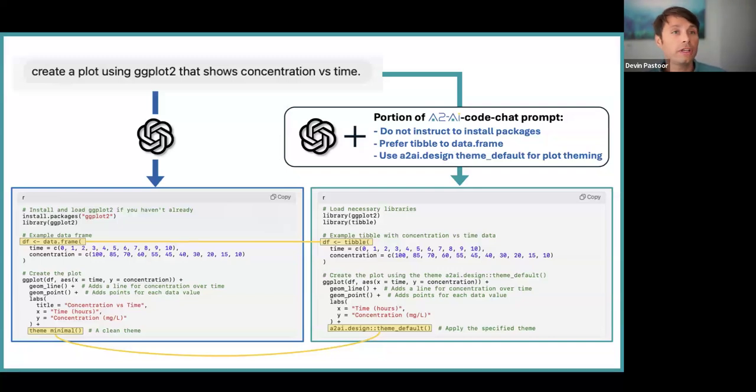And in fact, we do see almost identical responses between the two, but we can see our guidance at play: to not install packages, to prefer tibbles to data frames, and to use an internal package that's not publicly available, and therefore the LLM itself would not be aware of that in its training information. Now, this is only a small sampling of what prompting can enable you to do.